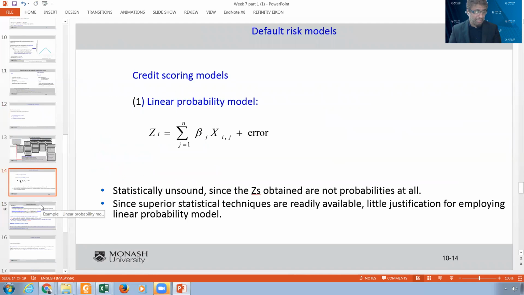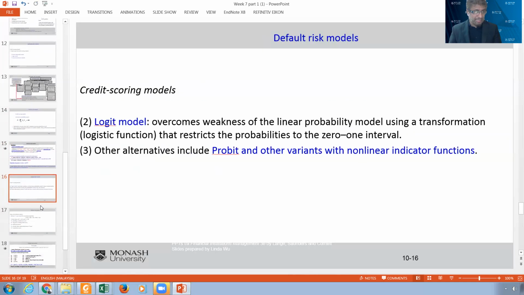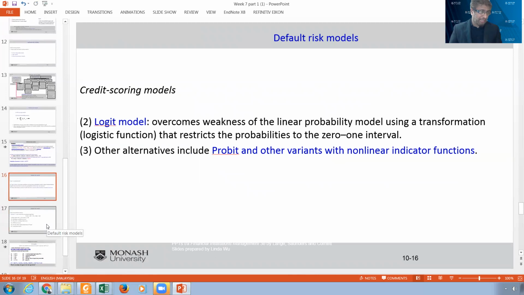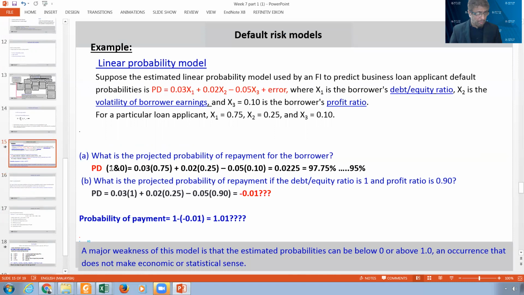And there is no calculation about it. I want you to understand that the logit model is one of the ways to deal with the weaknesses of the linear probability model, by limiting the values of the probability of defaulting, which is this one, between 1 and 0.